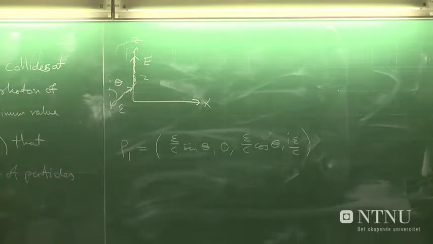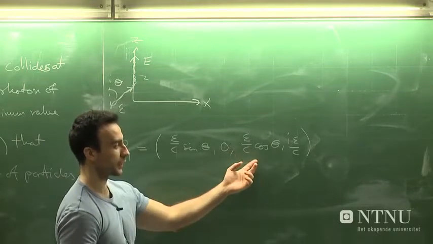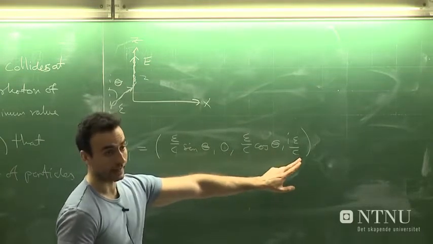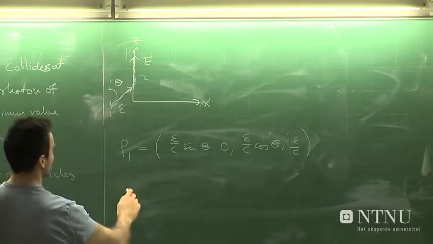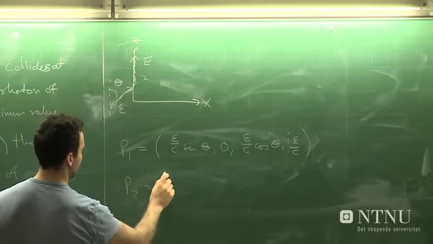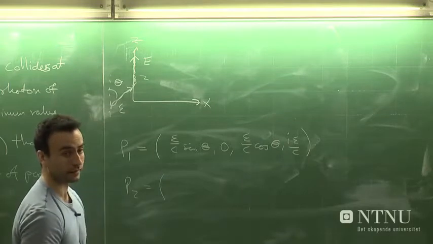So I've used here that the momentum of a photon is its energy divided by c. So there's a component in x direction, y direction, and the following energy. So that's photon 1. Photon 2 is moving along the z-axis in this particular frame.